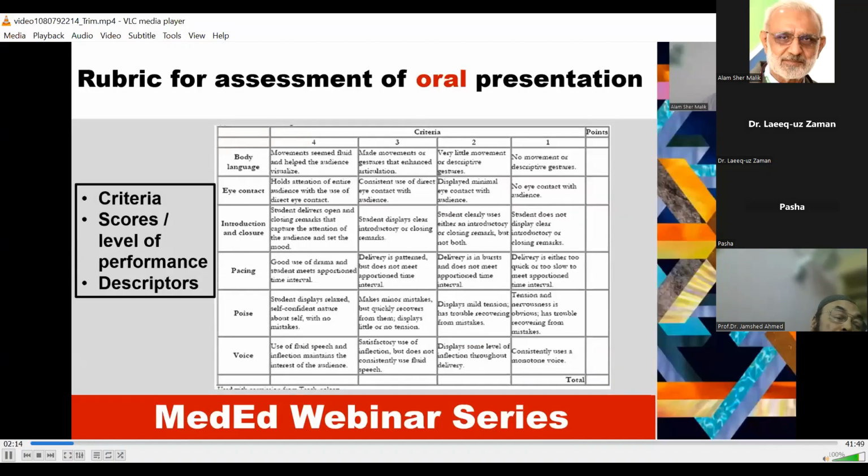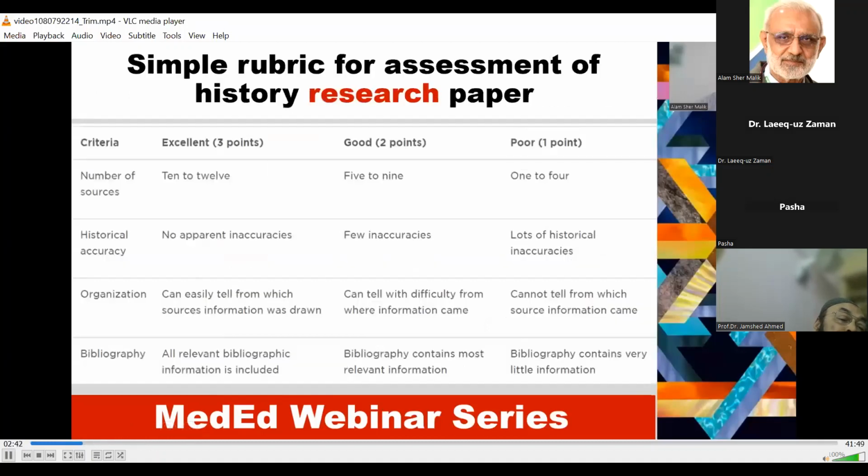Here is an example of a rubric for assessment of oral presentation. The criteria are given in rows, such as body language, eye contact, introduction, and closure. The levels of achievement are given in columns, here given numbers 4, 3, 2, and 1. And the descriptors are given in the cells. Here is another example of a simple rubric for assessment of a history research paper.